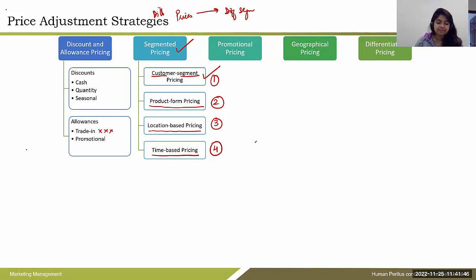Perfect. 1. Same perfume in a glass bottle versus same perfume in a tin can. 2. Perfect. Booking the tickets 6 months in advance versus booking the tickets 2 days in advance. Time based. Perfect. So everybody is clear with segment pricing. Done.